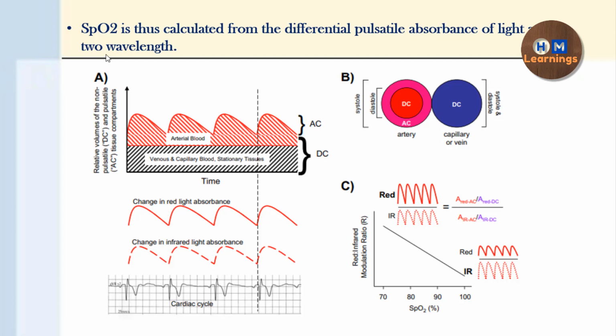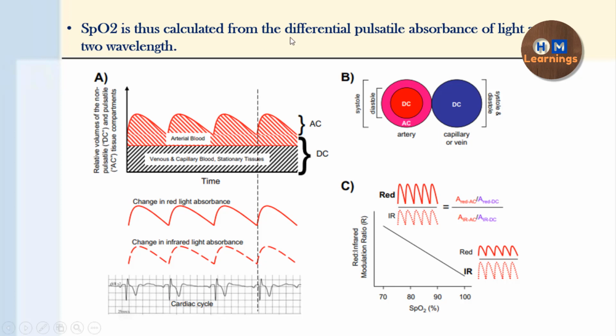So we are using two wavelengths. Why? In order to differentiate between the oxyhemoglobin and the deoxyhemoglobin. The pulse oximeter is measuring only the SpO2 in the arteries, by detecting the pulsatile nature of the arteries.